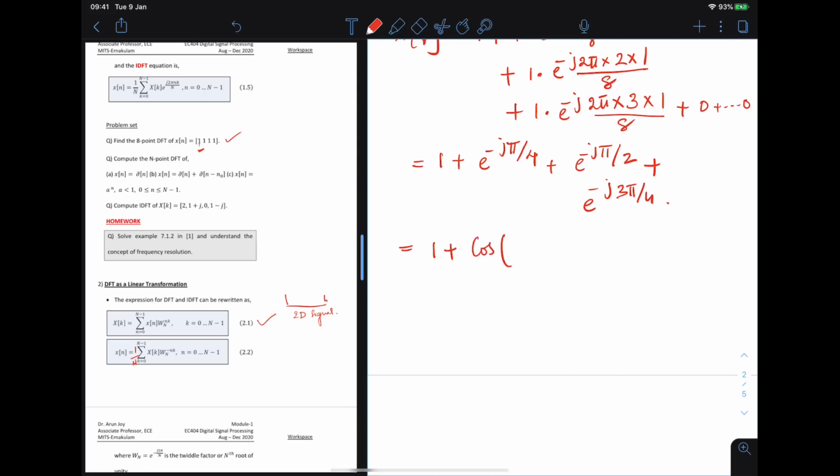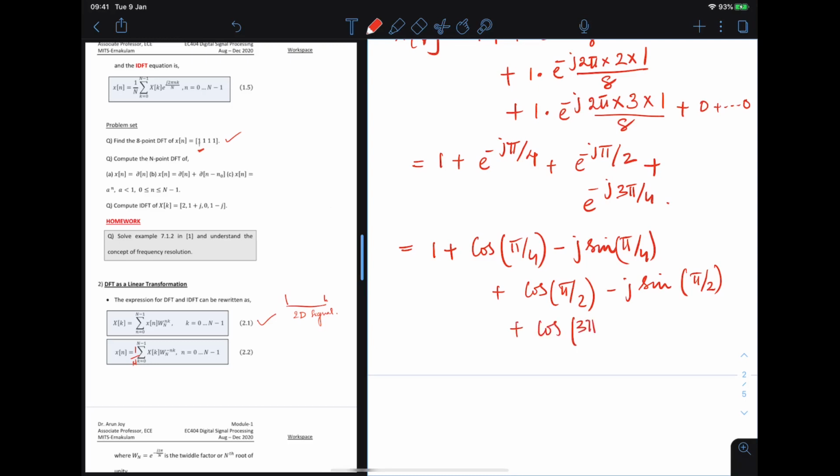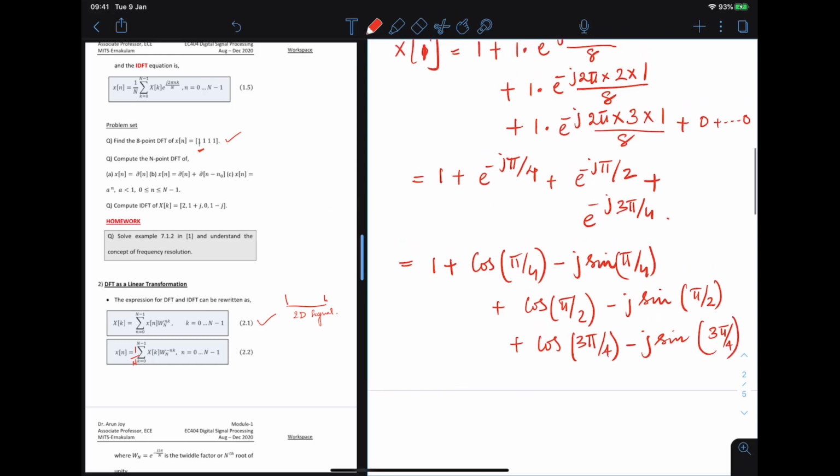So it will be cos pi by 4 minus j sin pi by 4, plus cos pi by 2 minus j sin pi by 2, plus cos 3 pi by 4 minus j sin 3 pi by 4. So this is how you find the solution.